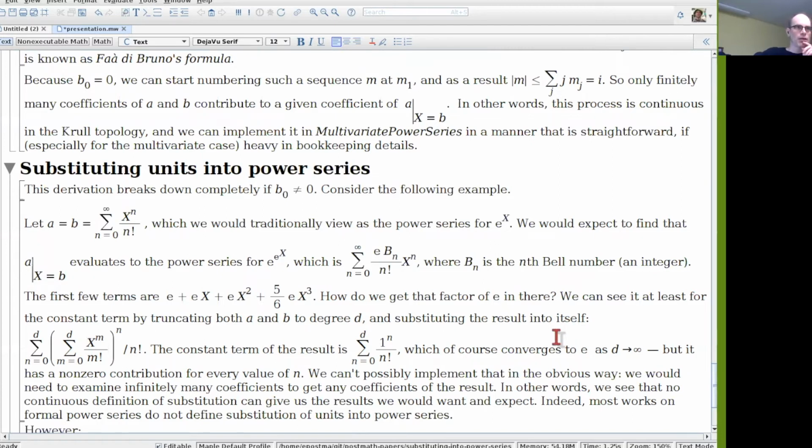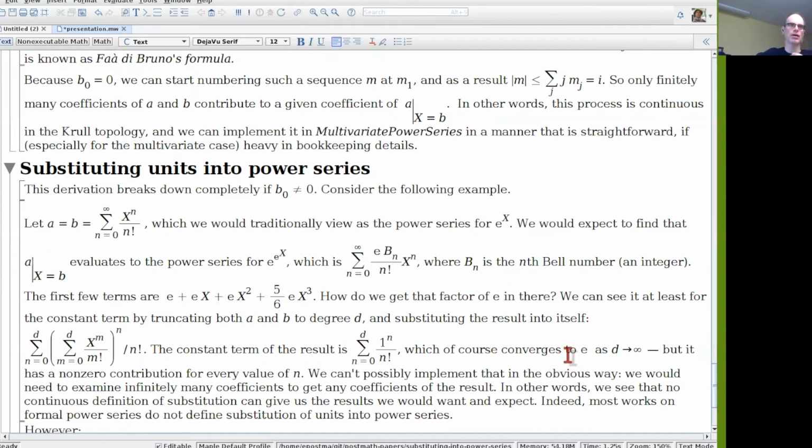But it has a non-zero contribution for every value of n. And that's a problem, because in this setup where we examine some finite number of coefficients of the inputs, we can't possibly implement all of them and get actually to the limit. So we have a problem.